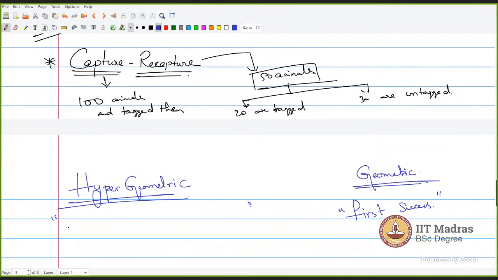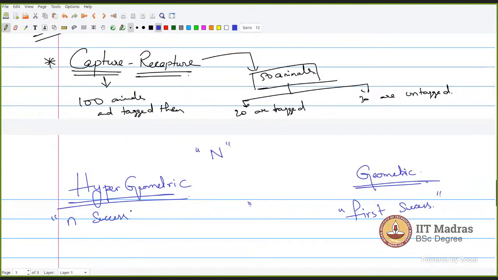If geometric is like Bernoulli, hypergeometric is like binomial. Here, out of capital N cases, we check n successes.